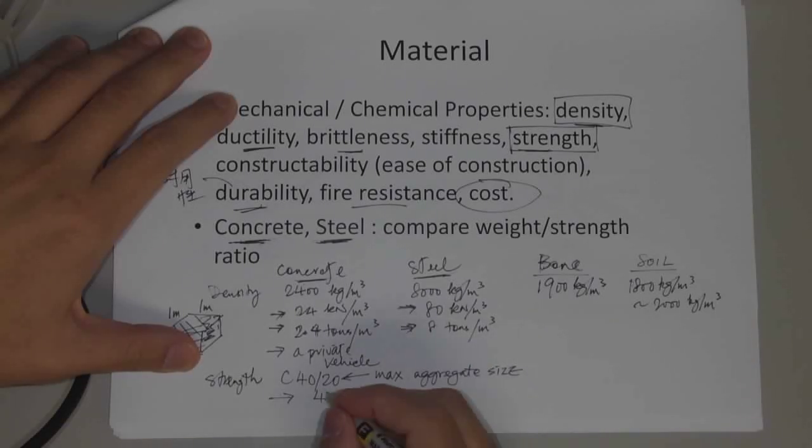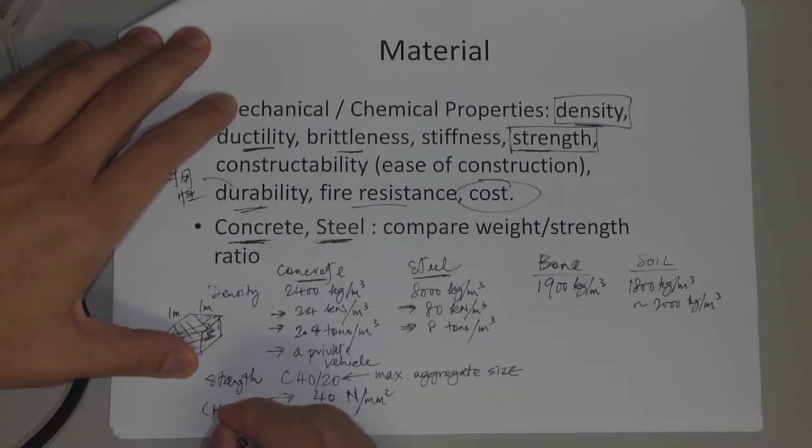Of course, it's much more expensive. Right, so for high strength concrete, I just put it here as a remark. High strength concrete is about 100 Newton per millimeter square. So it's a few times stronger.